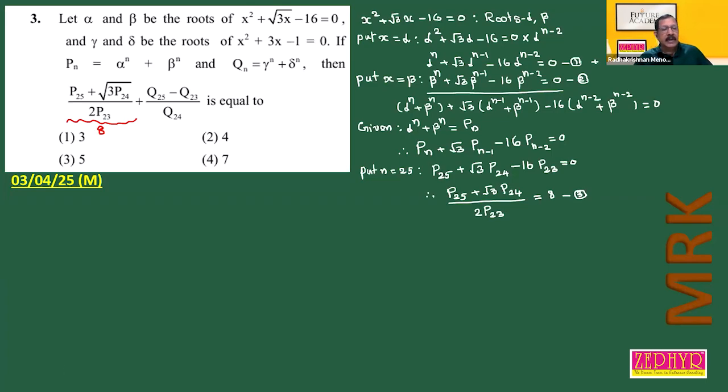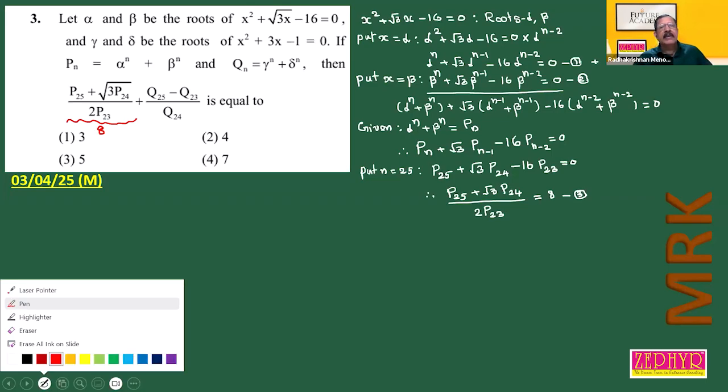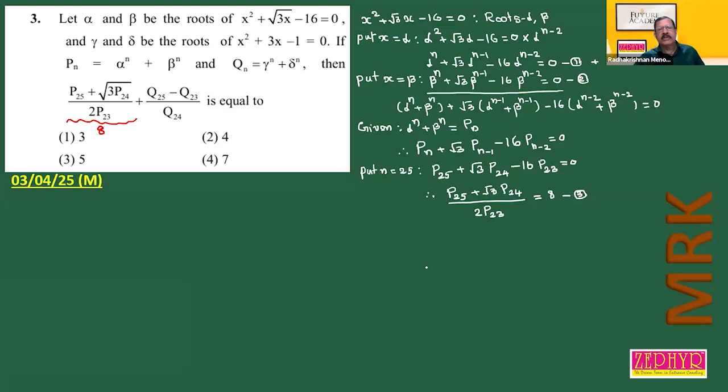Now take the next quadratic equation. What is it? X squared plus 3x minus 1 is equal to 0.